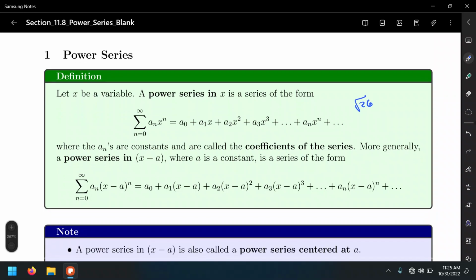How do you do the square root of 26? Well, you had to compute the equation of the tangent line at some point, preferably a point that is a perfect square close to 26.